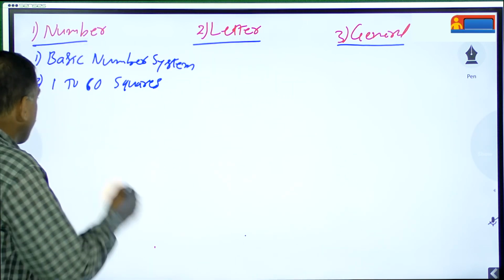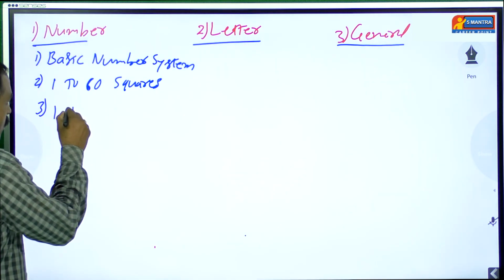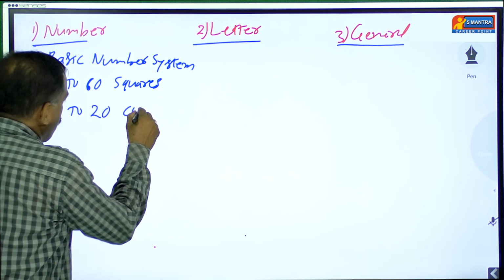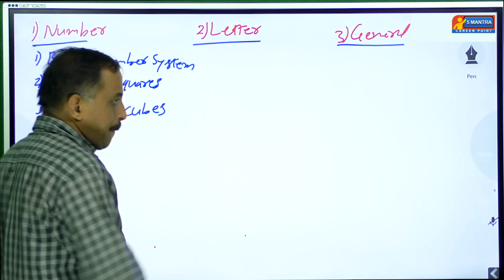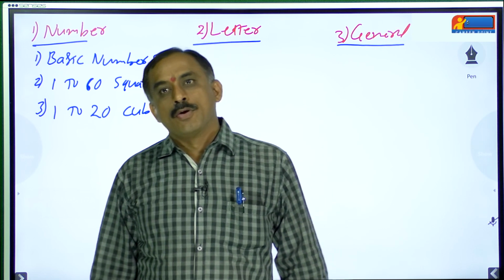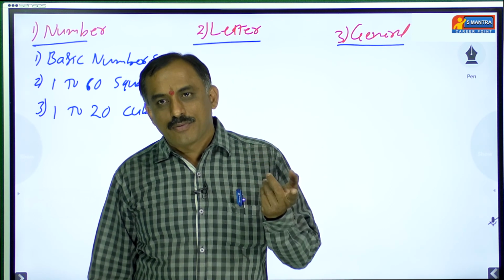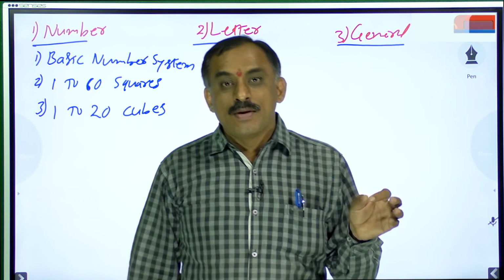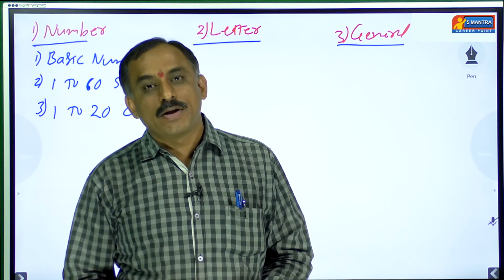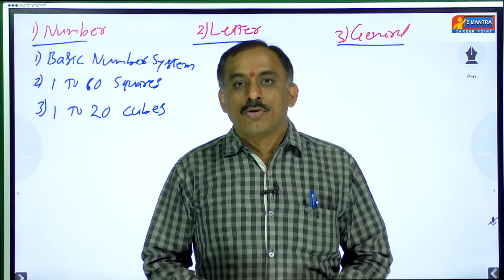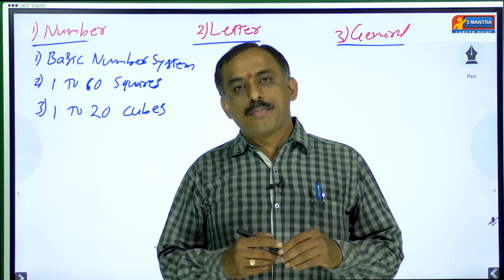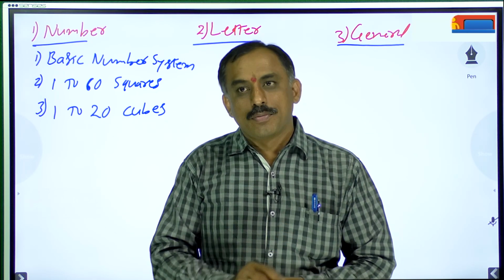Then next one, third one, 1 to 20 cubes are important. What is a cube? 1 cube is 1 into 1 into 1, that is 1. 2 cube, 2 into 2 into 2, 8. 3 cube, 27. So up to 20 cubes are important. Please practice the cubes also.